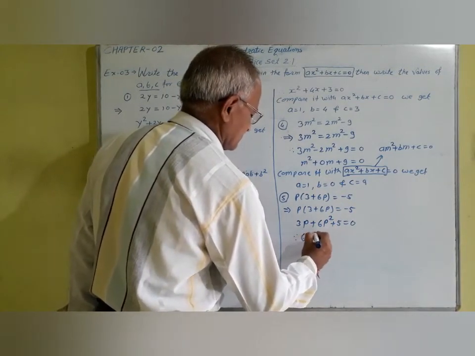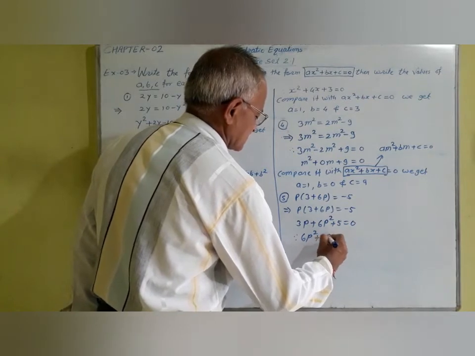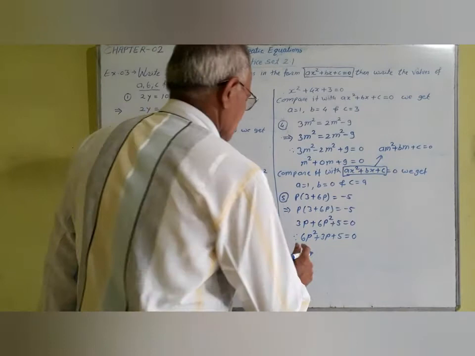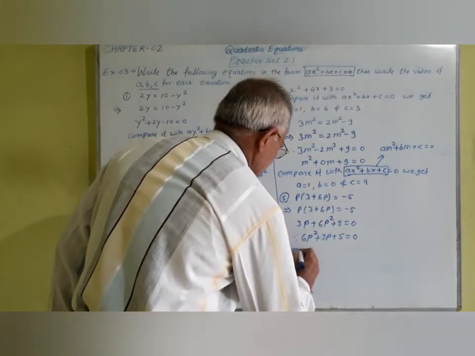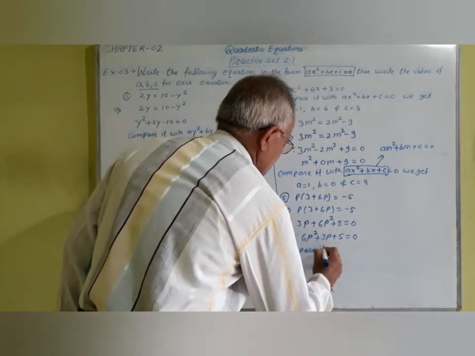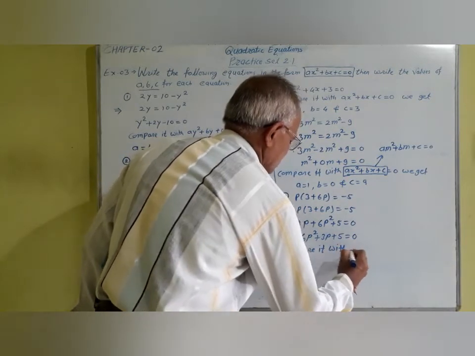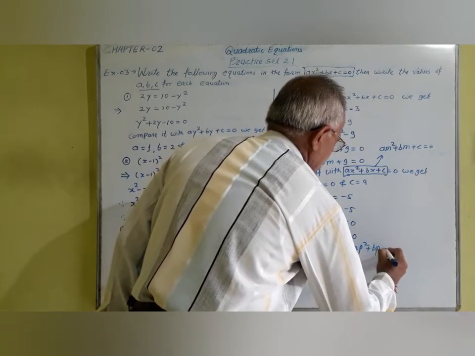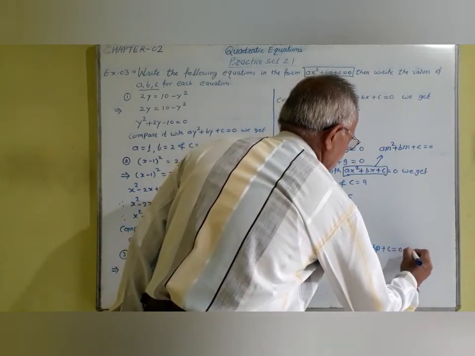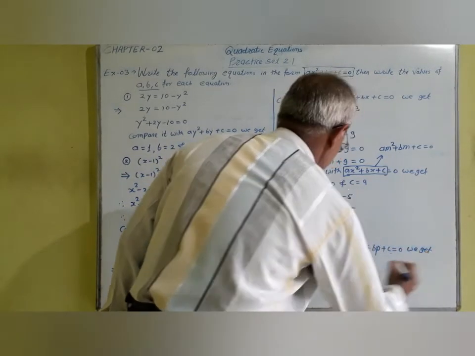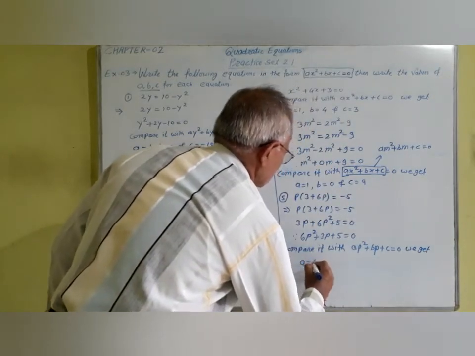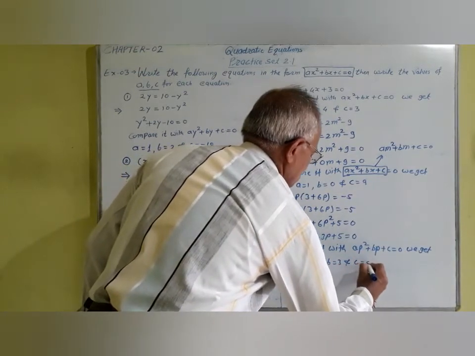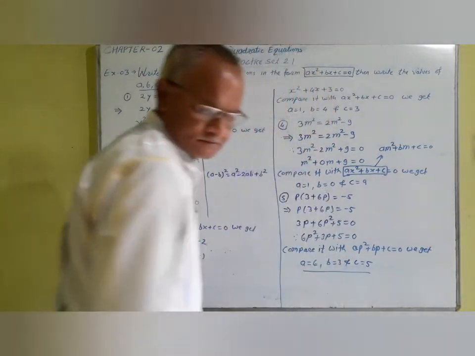Therefore, 6p square plus 3p plus 5 is equal to 0. Now compare it with ap square plus bp plus c is equal to 0. We get a is equal to 6, b is equal to 3 and c is equal to 5.